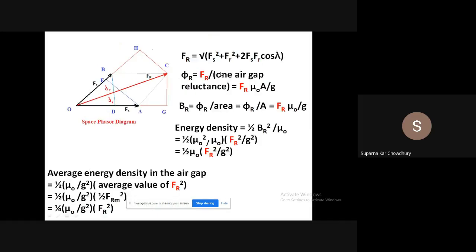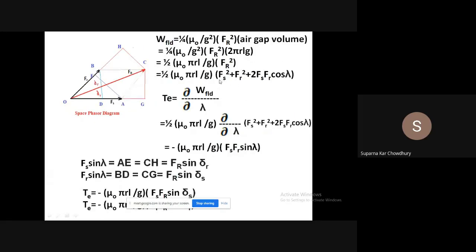Now FR square we replace from this equation. So it is half mu 0 pi RL by G into Fs square plus Fr square plus twice Fs Fr cos lambda. Now torque is defined as del W field by del lambda. So half of mu 0 pi RL by G del lambda of this expression.